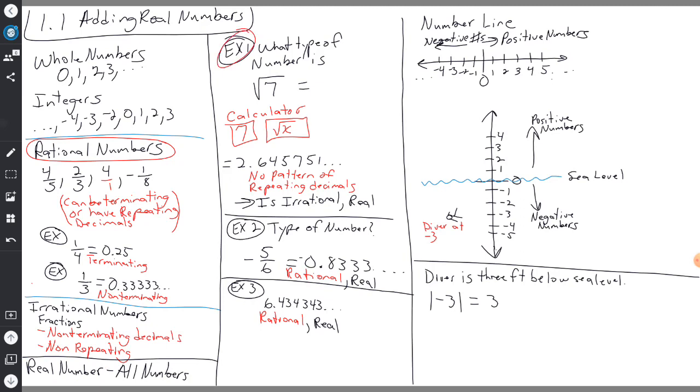When we look at example 1 here, we ask what type of number is the square root of 7? Well, if we calculate that through a calculator, we'll find out that it is 2.645751, and that continues on. And we can see that there's no pattern of repeating decimals. So therefore, this is an irrational number.